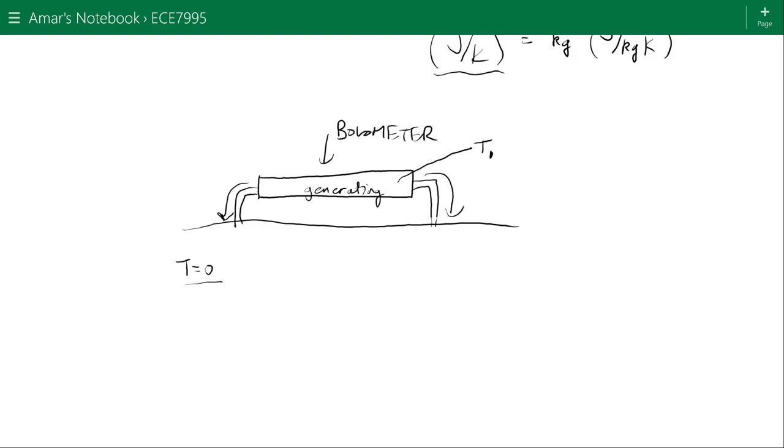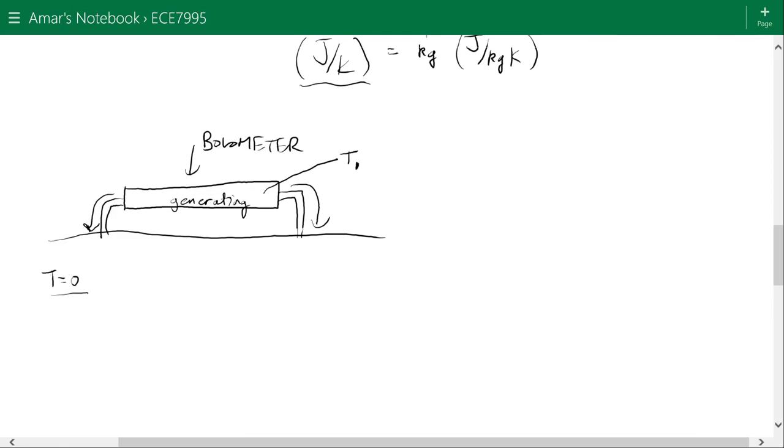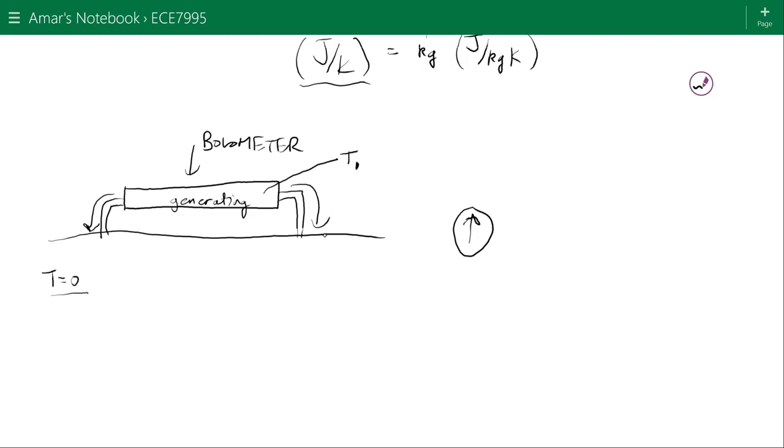Now the way that we can model this is we can start off with a current source. In the thermal domain, we're concerned with the flow of heat. In the thermal domain, a current source represents heat generation. We're creating heat.